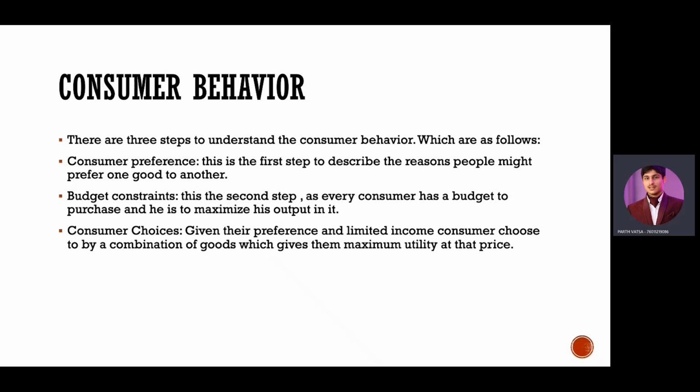Budget constraint is that, as we all know, we all have a maximum limit in purchasing any good, and we always want to maximize our output in it. So if we put it in more formal terms, as every consumer has a budget to purchase and is to maximize his output in it, we would say that all consumers have a budget constraint.